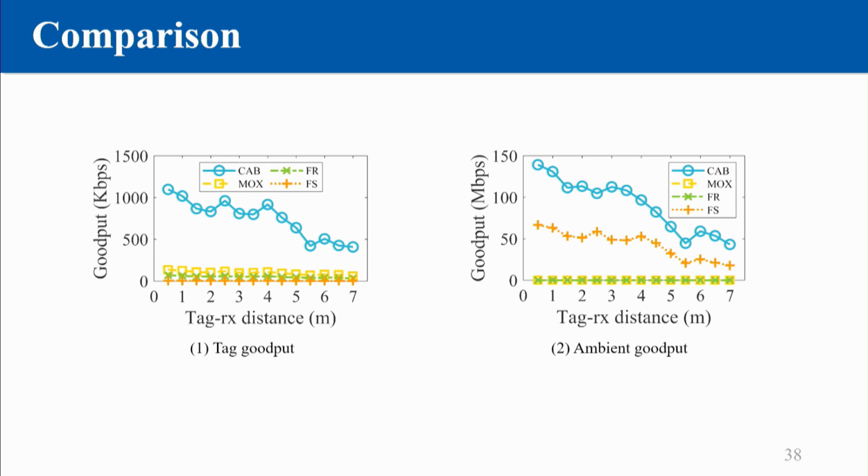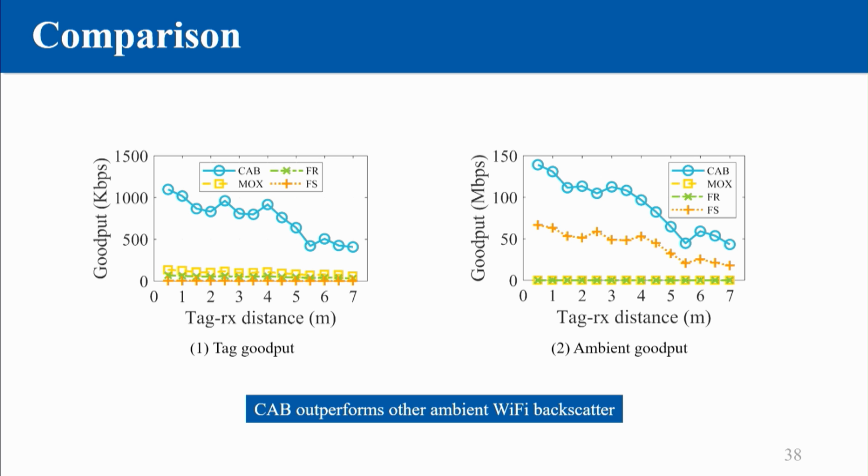We compare CAB against FS Backscatter, FreeRider, and MobiSys. Results show that our system outperforms in terms of tag and ambient throughput. When the tag RX distance is 0.5 meters, CAB achieves around 1097 kbps tag throughput and around 139 Mbps ambient throughput.